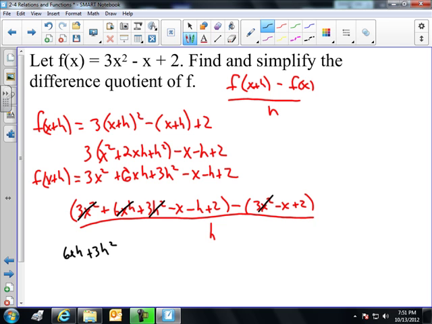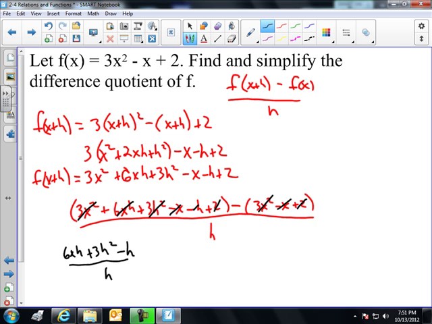Here we have negative x minus negative x. Those cancel. We have negative h, we can't combine that with anything, so that's there. And then 2 minus 2, those cancel as well, with the whole thing still over h.